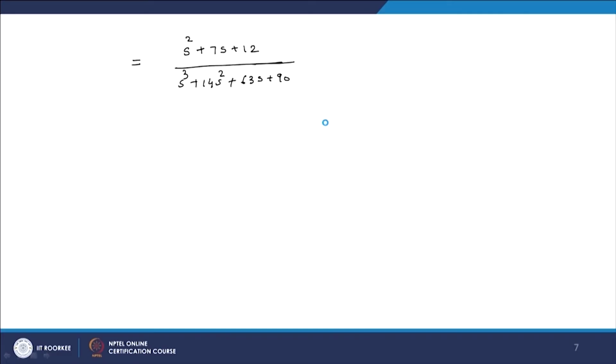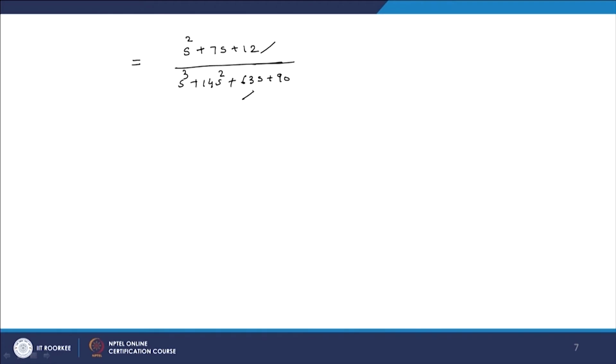So this transformation we have got, but just looking at this transformation, we do not know whether there is a pole zero cancellation or not. So in order to know whether there is pole zero cancellation, we have to calculate the roots of the numerator as well as the roots of the denominator.